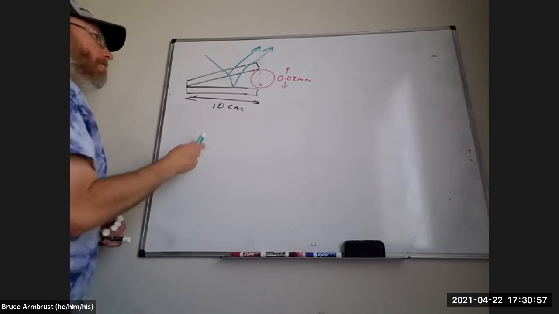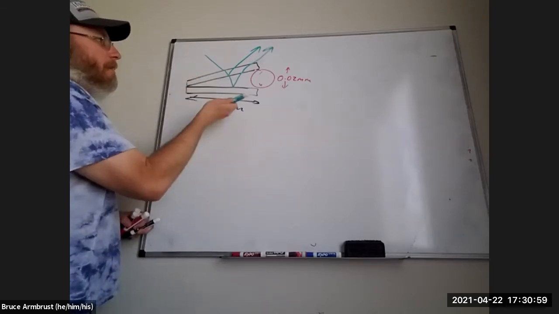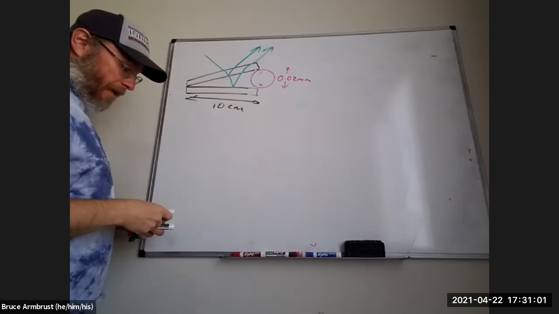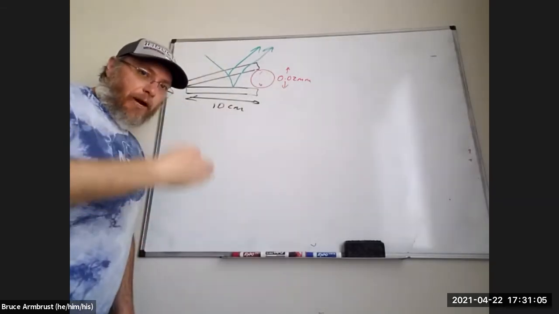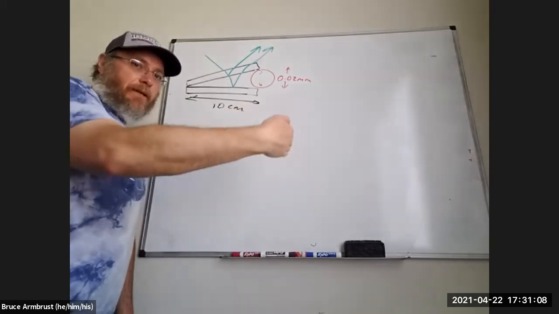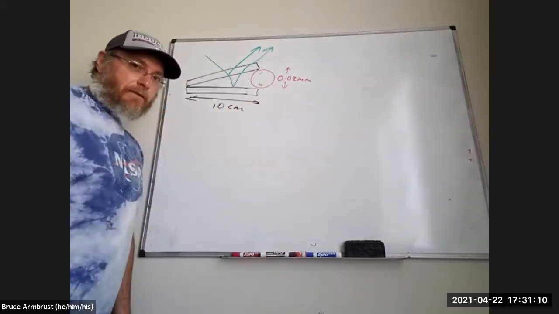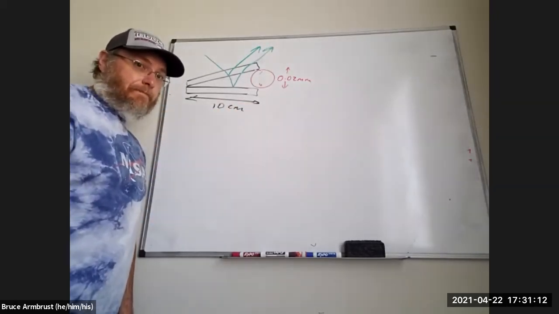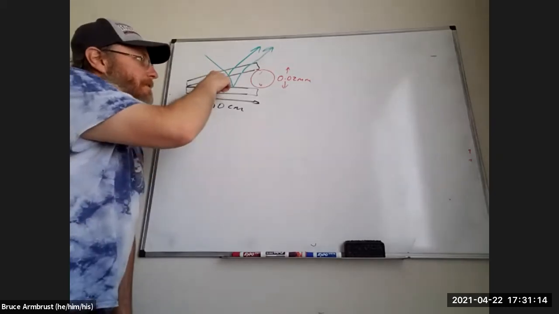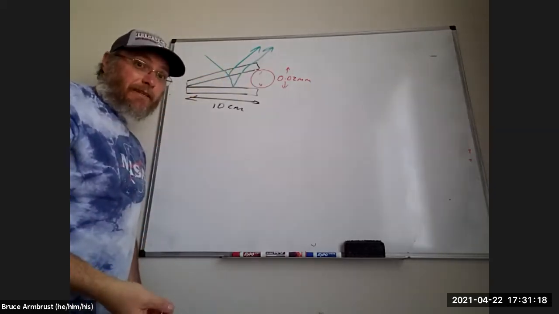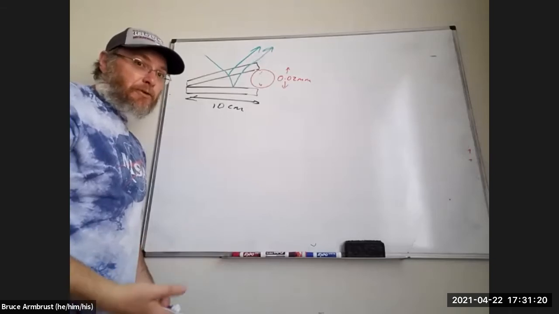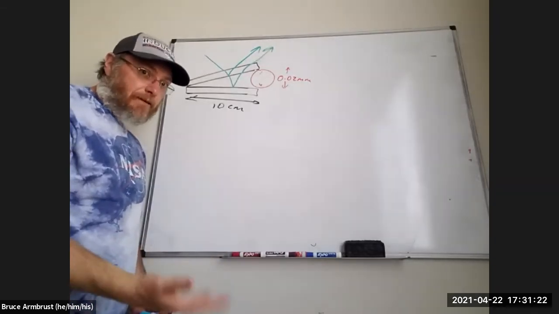Because here, if we're looking down at this, we're going to see bright spots, dark spots, bright spots, dark spots. And they're going to alternate, because the extra distance that this light is traveling is changing. And so sometimes it's going to lead to constructive interference, sometimes destructive.